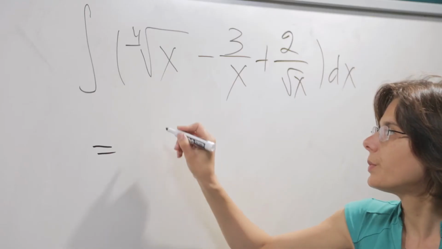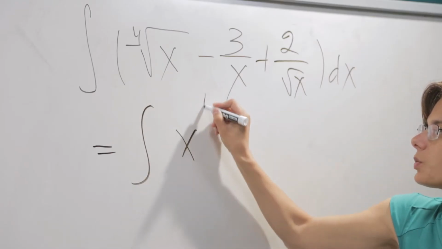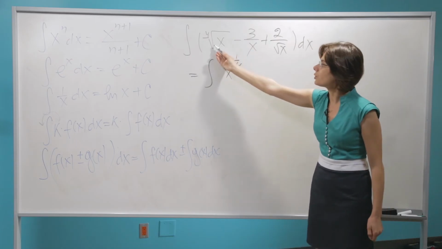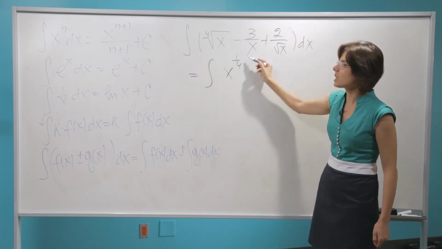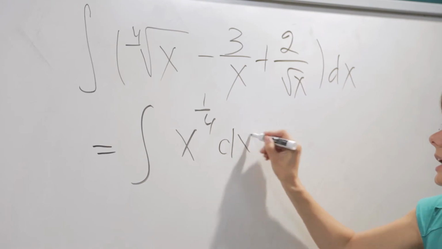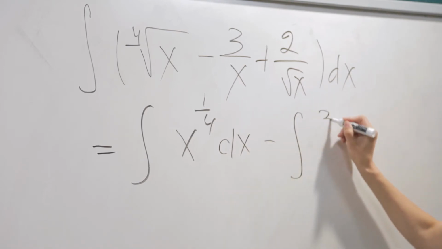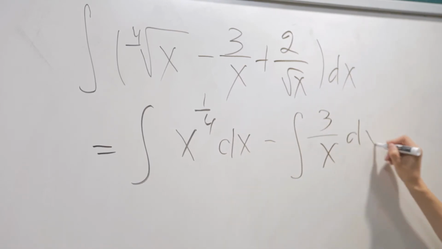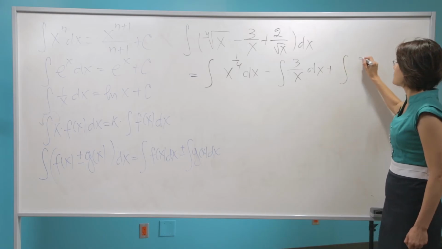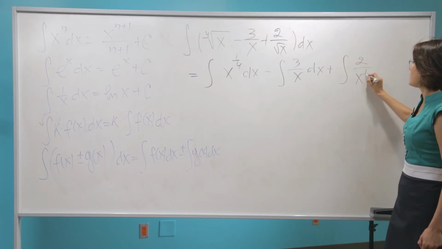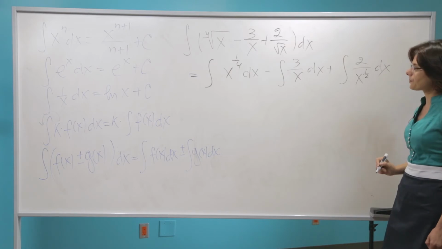So it will be equal to the integral of x to the power 1 over 4, so the 4th root I'll represent as a rational power, dx minus the integral of 3 over x dx plus the integral of 2 over x to the power half dx.